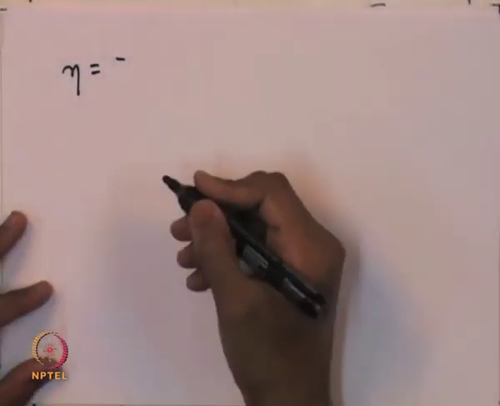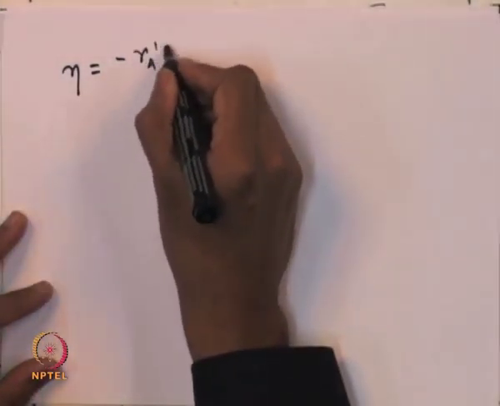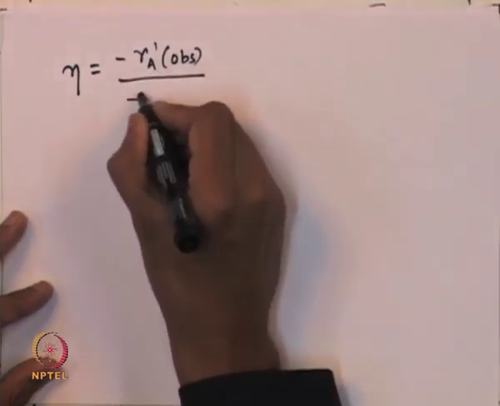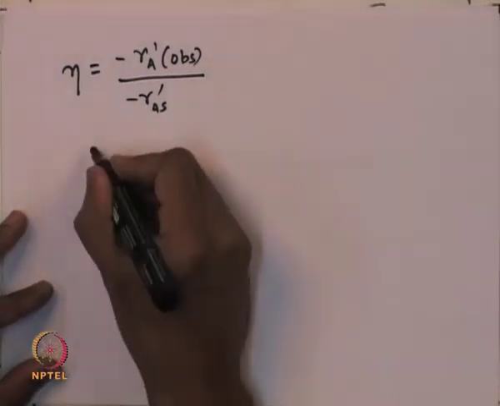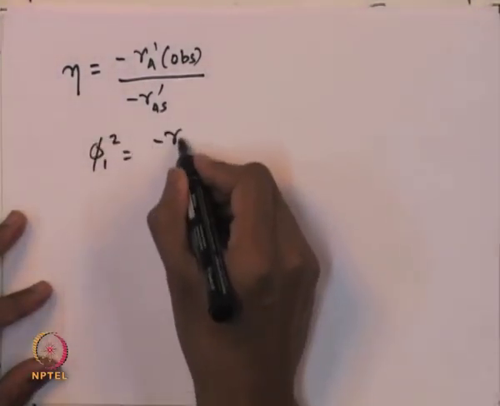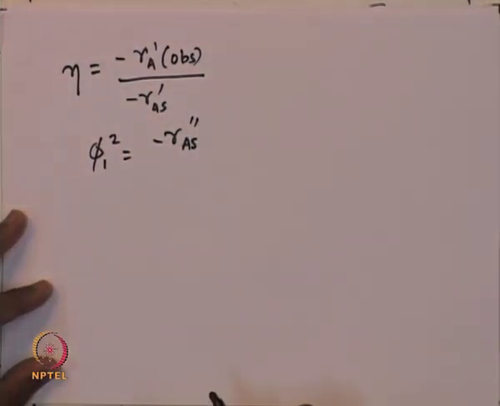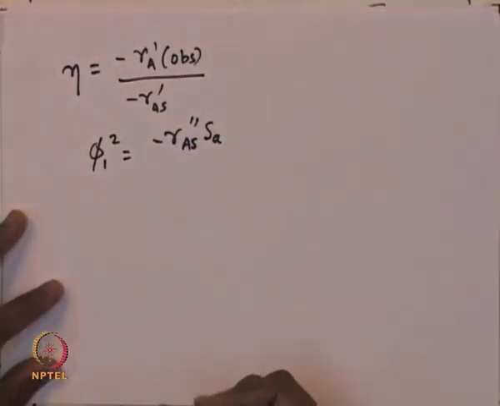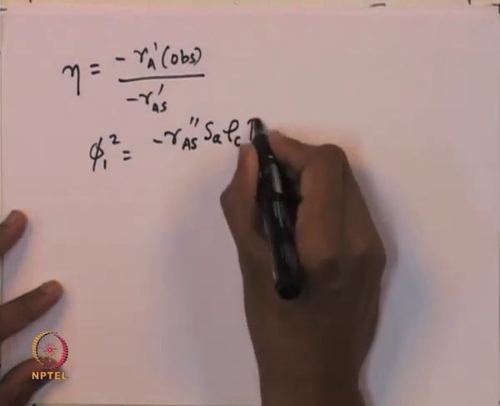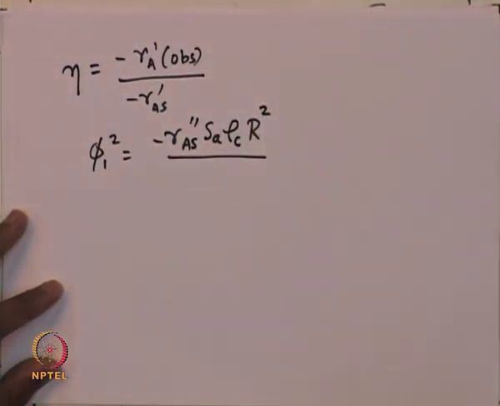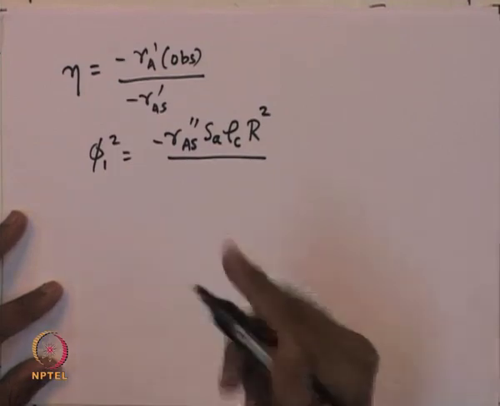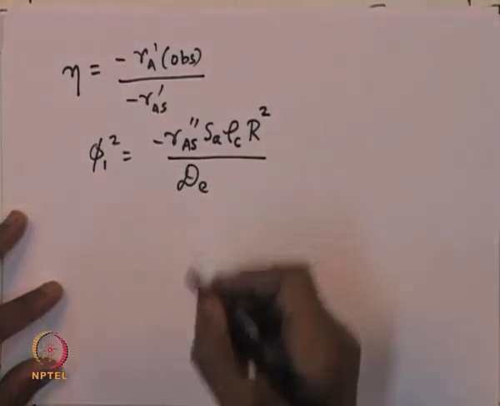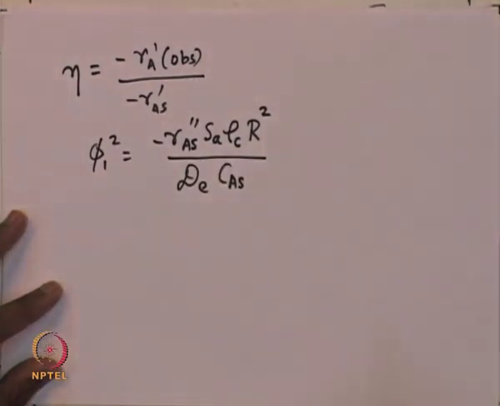Now, the effectiveness factor eta, if we put the expressions corresponding to the effectiveness factor and the Thiele modulus into the Weisz-Prater parameter, what we see is that the effectiveness factor is the observed rate divided by the reaction rate at the surface concentration, and phi 1 square, which is the Thiele modulus, is given by the reaction rate per unit surface area of the catalyst multiplied by the surface area of the catalyst per gram of the catalyst multiplied by the density of the catalyst into r square, where r is the radius of the catalyst pellet in which the reaction is being conducted, divided by the diffusivity of the species multiplied by the concentration of the species at the surface.